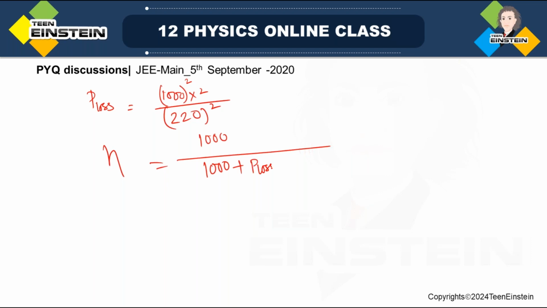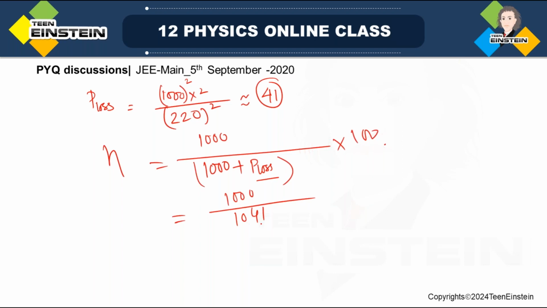Loss of power, power loss due to resistive heating, into 100. So this part, if you check, will be nearly 41. Now if I write P loss to be nearly 41 here, then I will get 1041 into 100 here.